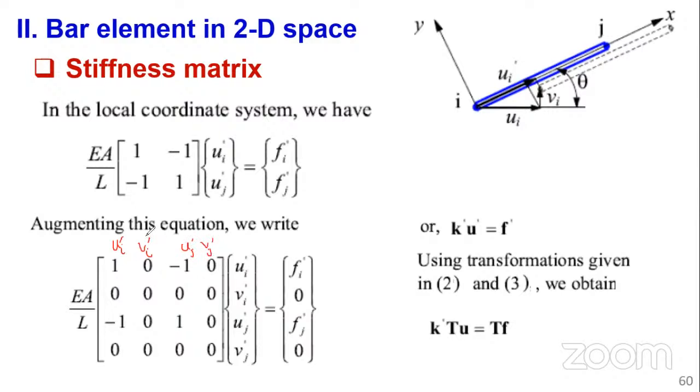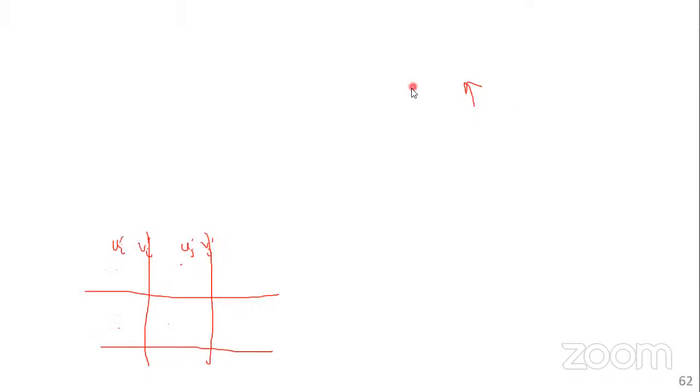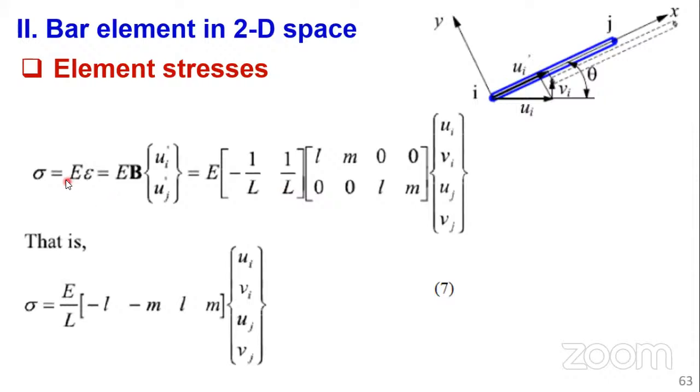So for the stress, we are ignoring the rows and columns associated with Vi prime and Vj prime, because they do not contribute to the stretch of this member. So that now in our transformation matrix, we are only going to have the quantities that are not cancelled, Ui prime and Uj prime. This is what is happening in this slide here.